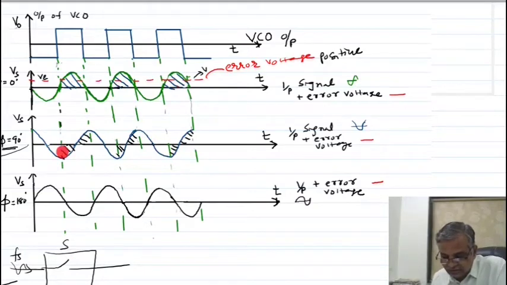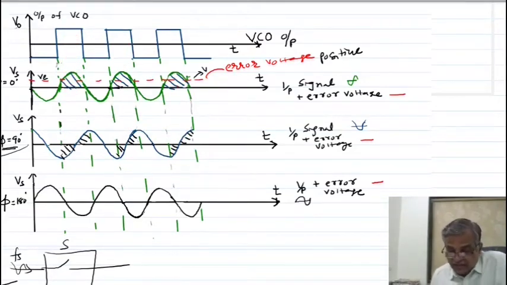This means when there is a 90-degree phase shift between Fs and Fo, only this much portion, shown by the dotted or cross line, of the input signal is passed through the switch. Only this much portion will be passed during this positive half of the Fo.